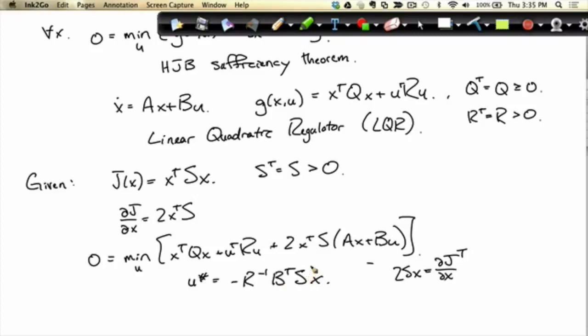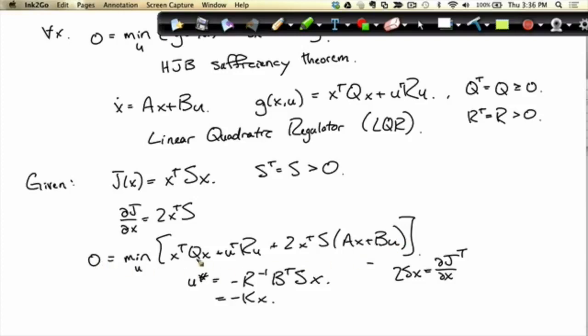Okay, and if you pop that back in, you'll get something. You see there's an x. The other thing to note about this is that it's linear in x. I can just write that as negative kx. So linear feedback is optimal for this cost function. That's good news. It makes our life better. And if I stick it back in here, everywhere I've got a u, I get an x instead. I get a whole big expression which is quadratic in x. And it has to be equal to 0 everywhere.